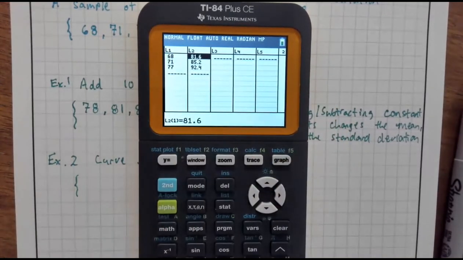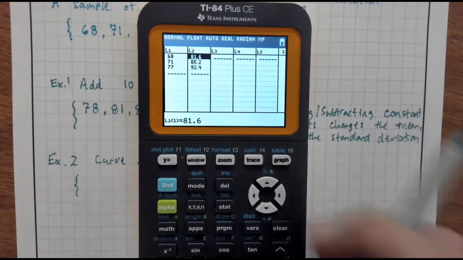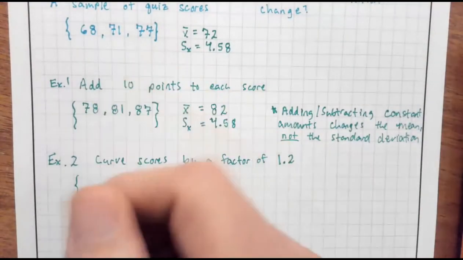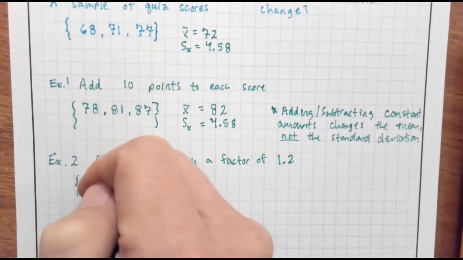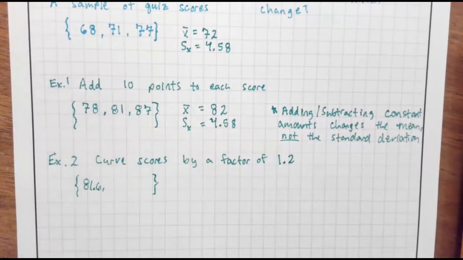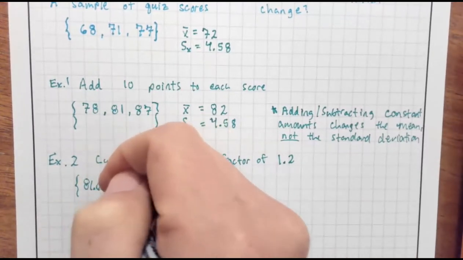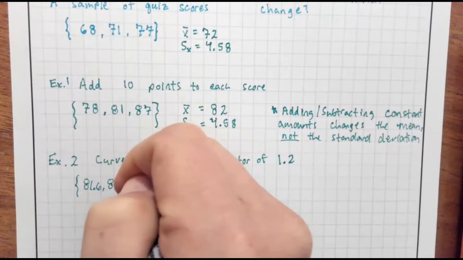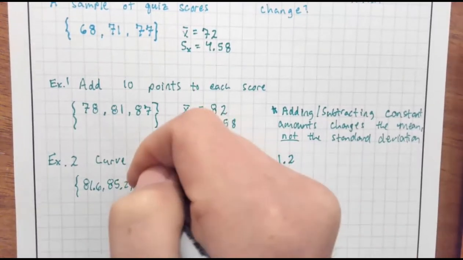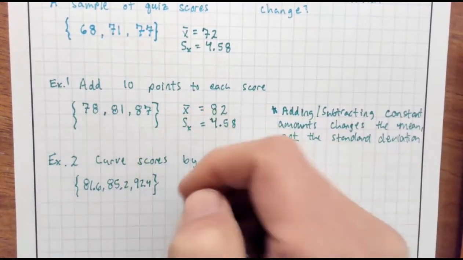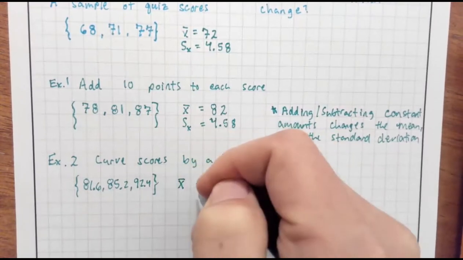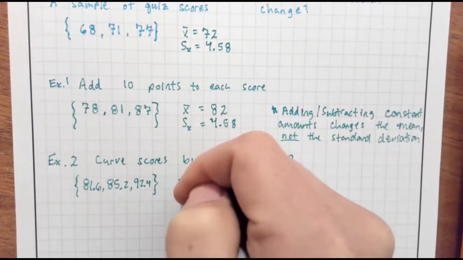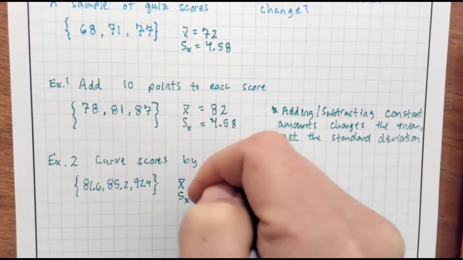And if we hit enter, there we go. We've got 81.6, we've also got 85.2, and we've got 92.4. So for this data set, let's see what happened to both the mean and the sample standard deviation.